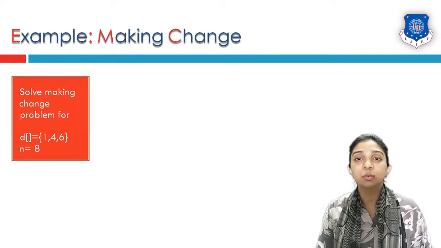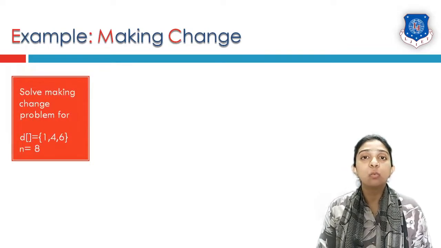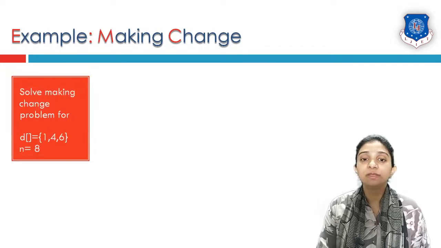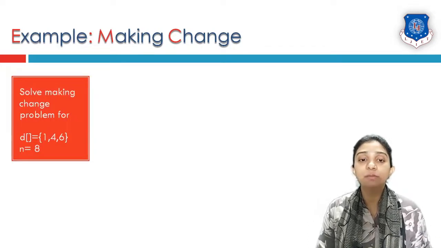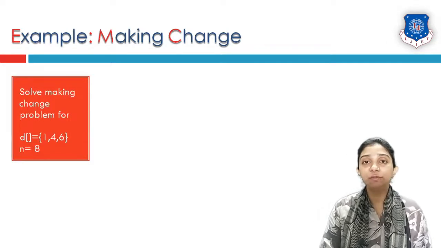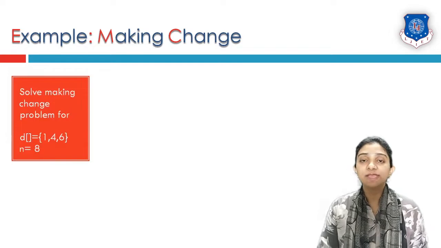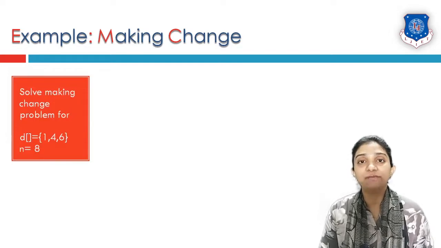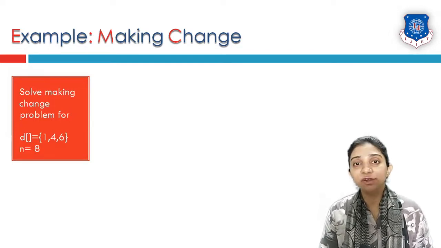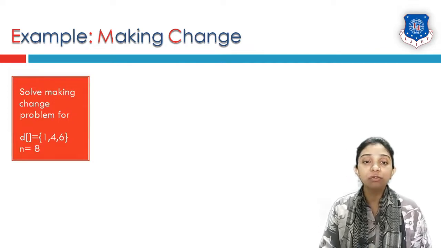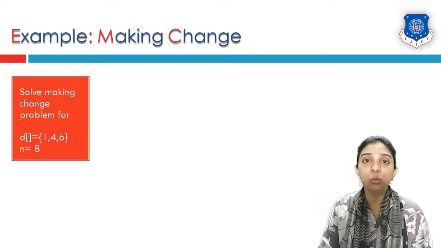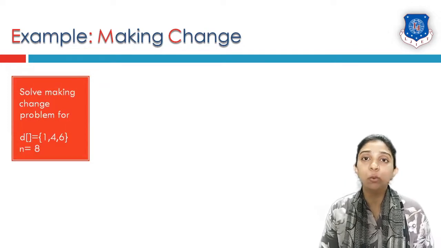Let us consider one example to see the working of making change using dynamic programming. In our problem, the denomination coins are D1 as 1, the second denomination coin has value 4, and the third denomination coin has value 6, and the amount to be paid is n, equal to 8.